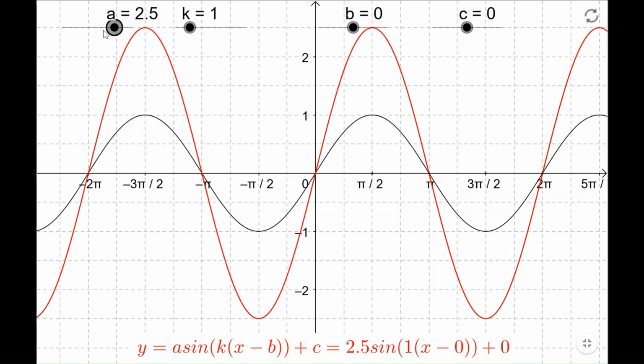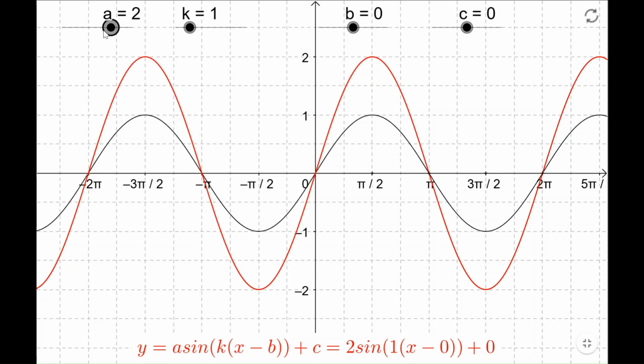Okay. So in this case, let's bump it down to a equals 2. Notice that the height of the graph from the x-axis is twice as tall in both up and down as what it used to be. So if the original value was a 1, it's doubled up to now 2. If it was a -1, it's down to a -2. We're just making it twice as tall.